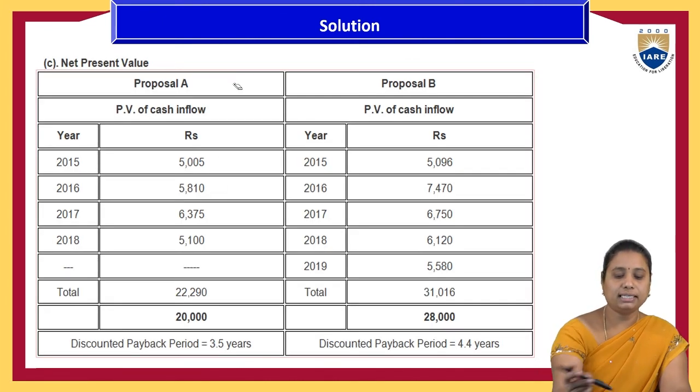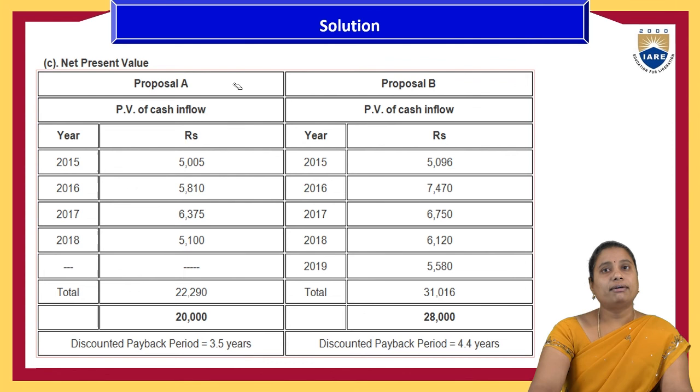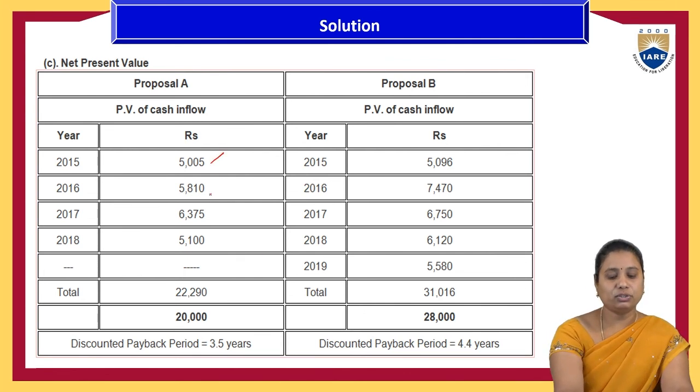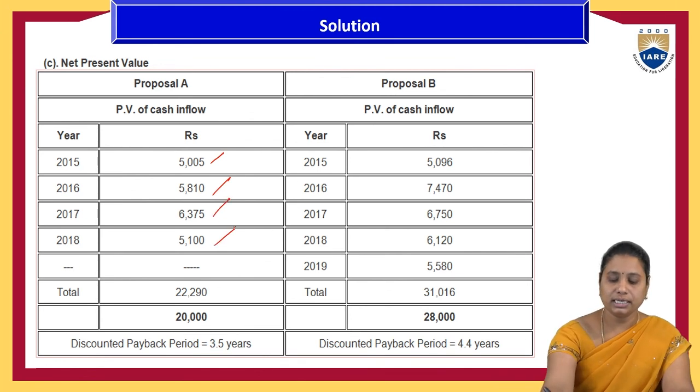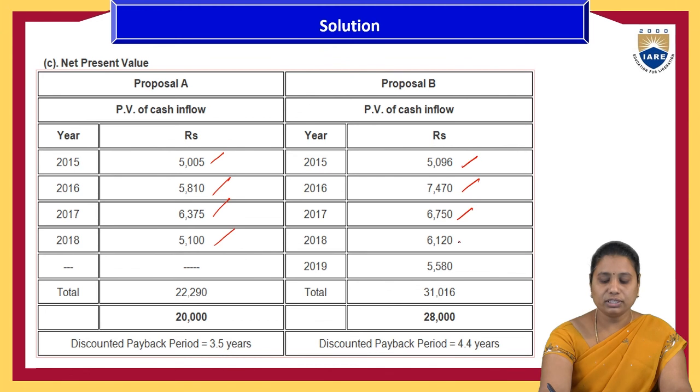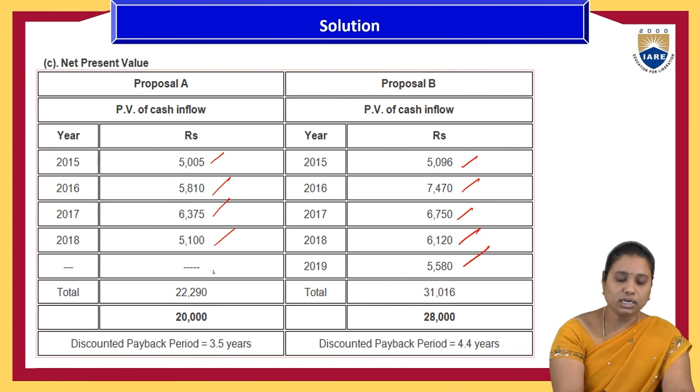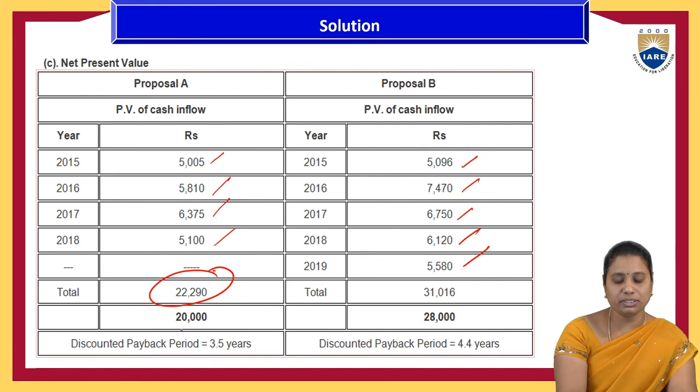then we will get these values: 5,005 rupees, 5,810, 6,375, 5,100, and these are the values for proposal Y. So the total present value of proposal X is 22,290, whereas the investment is 20,000, so their profit is 2,290 rupees.